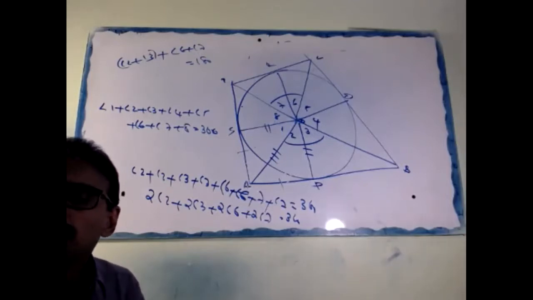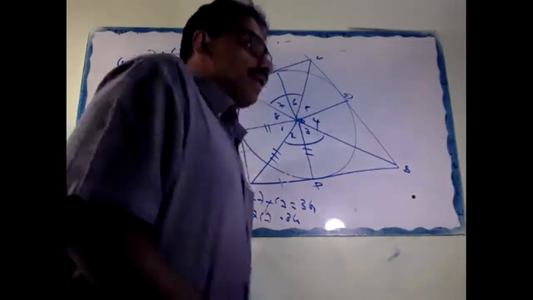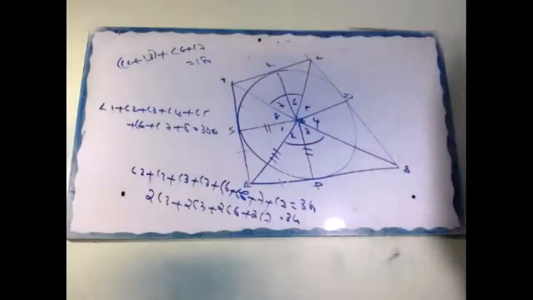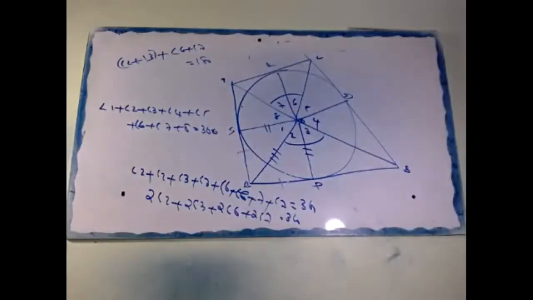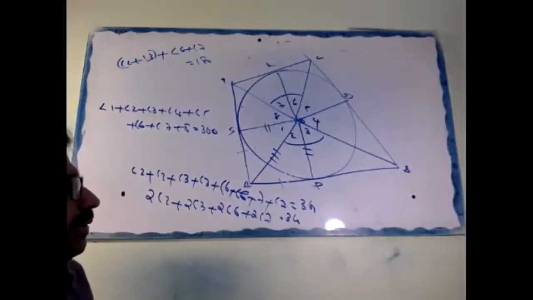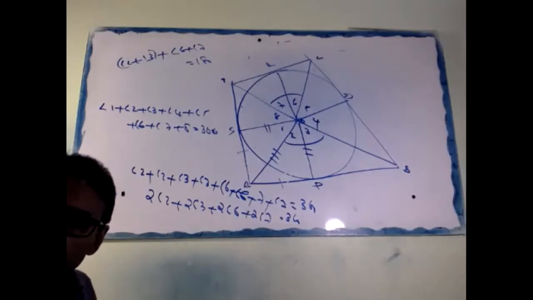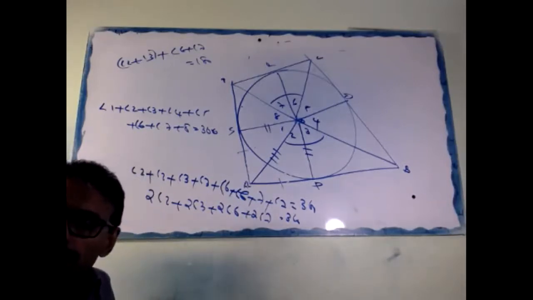In triangle ASO and APO, AS equal to AP.